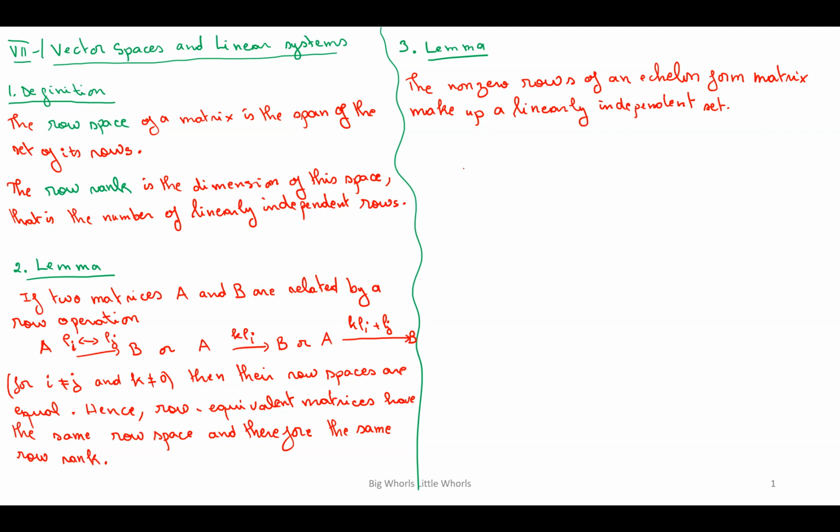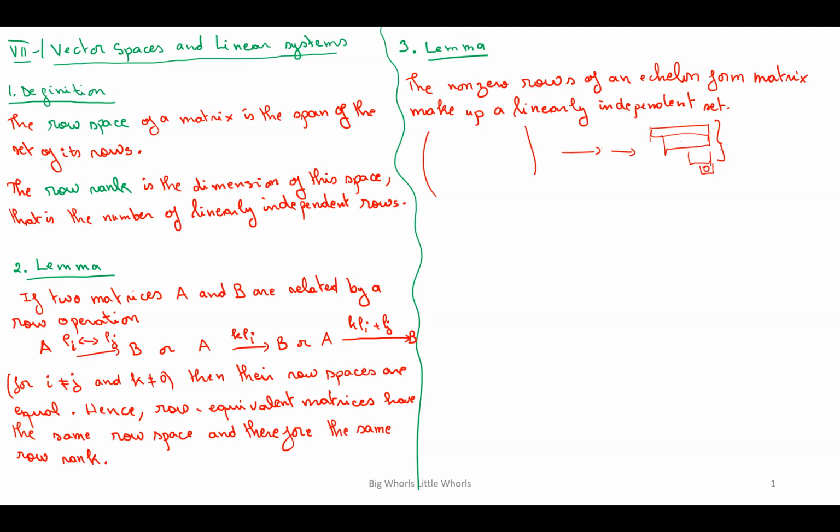So if we are given a matrix, as the lemma says, we perform some Gaussian operations and we get the echelon form. Then this lemma says the non-zero rows, let's say we have performed and we have only one row here that is 0, form a linearly independent set. Therefore, the non-zero rows are the elements of a basis.